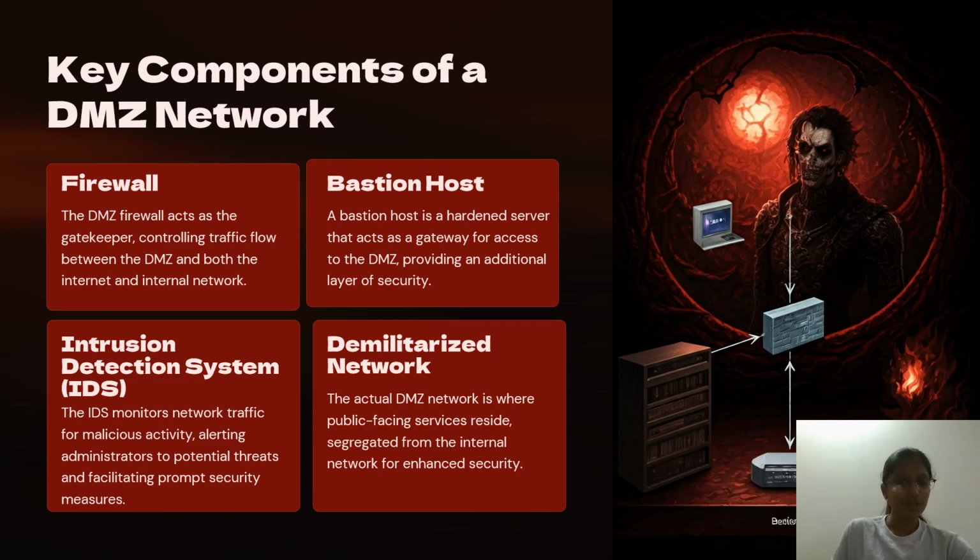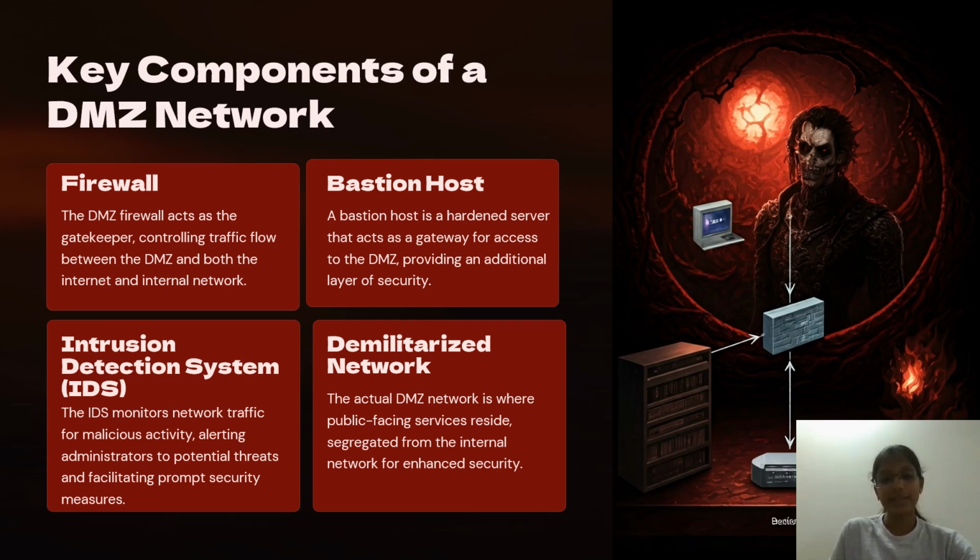Then the intrusion detection system, IDS as we call it. The IDS monitors network traffic for malicious activities, alerting administrators to potential threats and facilitating prompt security measures. Then I have the demilitarized network.